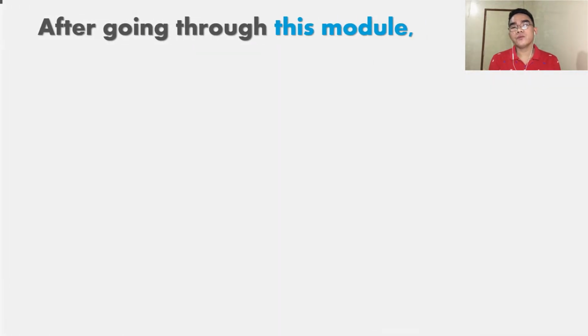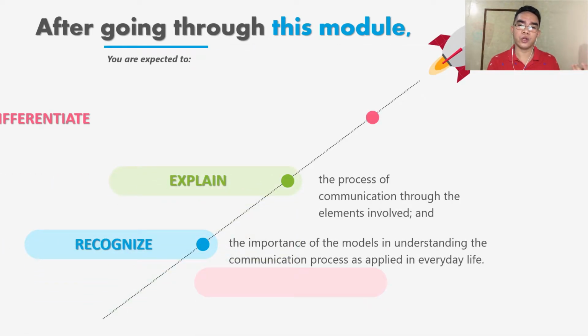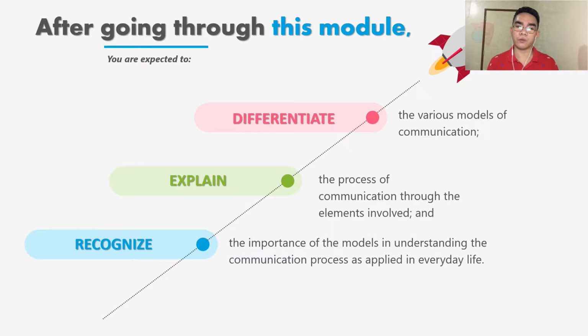After we go through this module, you will be expected to learn the following. Number one, you'll be able to differentiate the various models of communication. Later on, we're going to discuss the different models of communication, since we've talked about the basic information regarding communication.